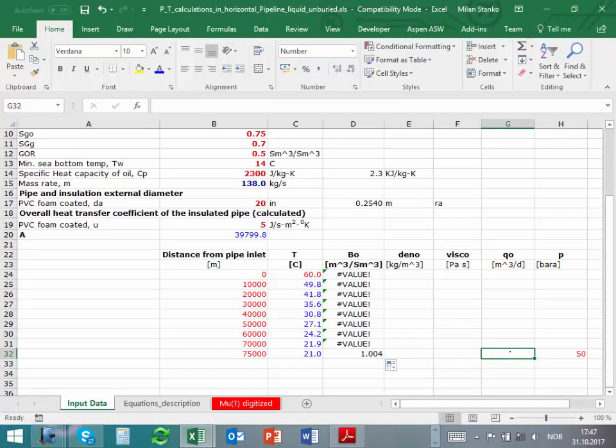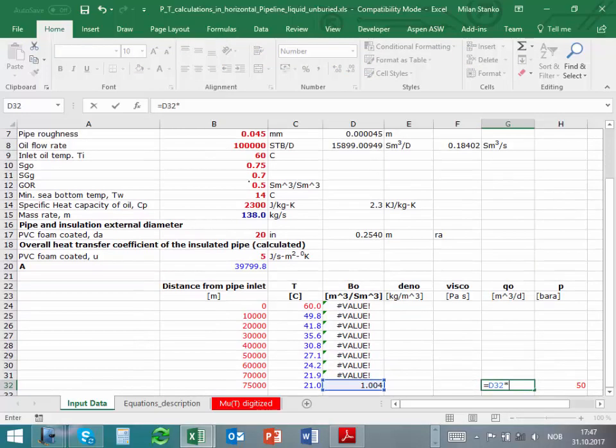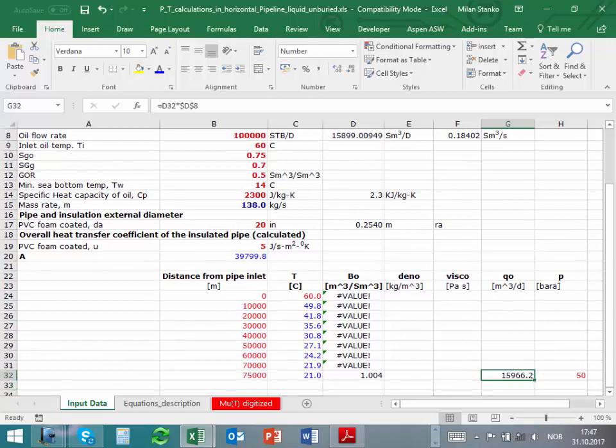Here you have QO, and that will be this number times the rate. I have it here in standard cubic meters per day. I block it, standard condition rate. Then I drag it up. It will have an error here because I don't have the pressure yet.